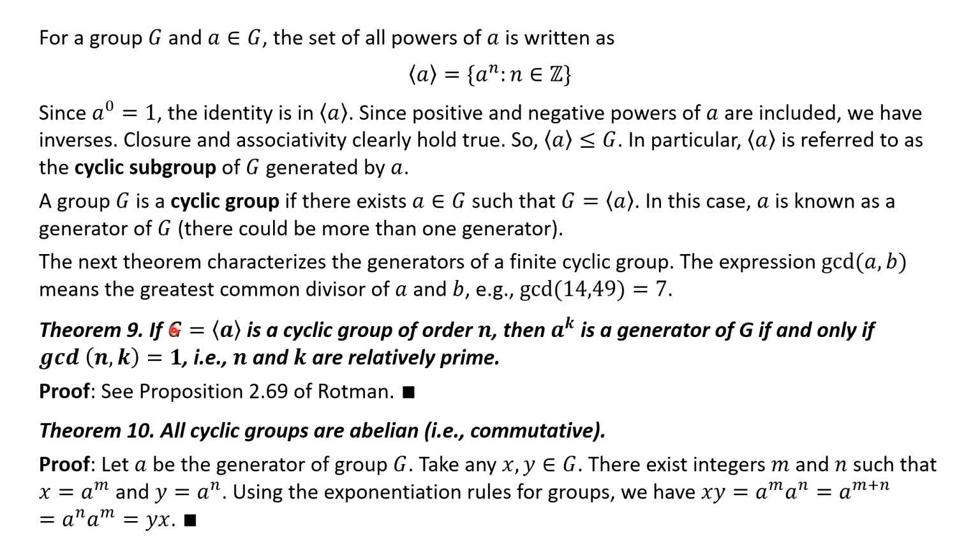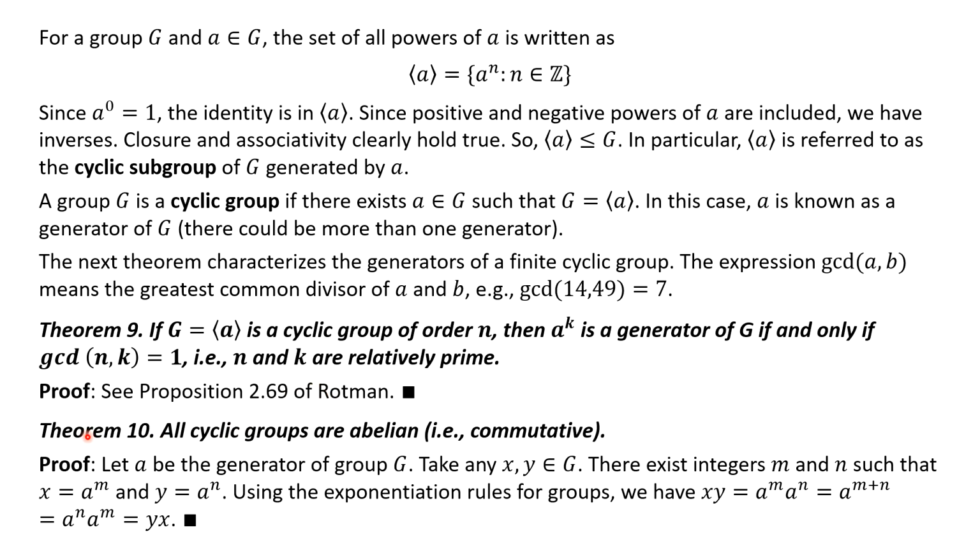So if G equals the set of all powers of A is a cyclic group of order n, then A to the k, where k is an integer, is a generator of G if and only if the GCD of n and k equals 1. In other words, n and k are relatively prime. And a proof of that is in this book by Rotman, which I've mentioned a few times, and I'll put the link to this in the information to this video.